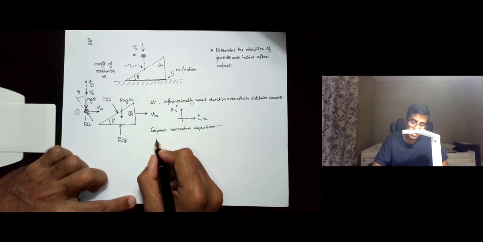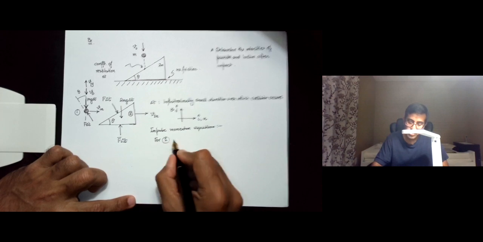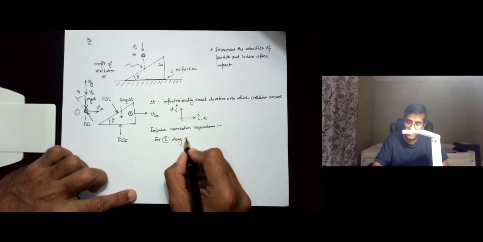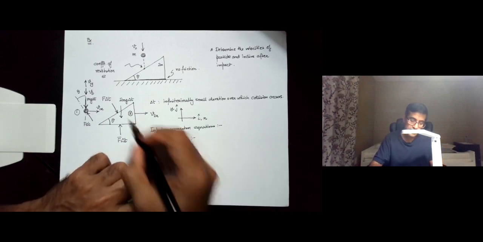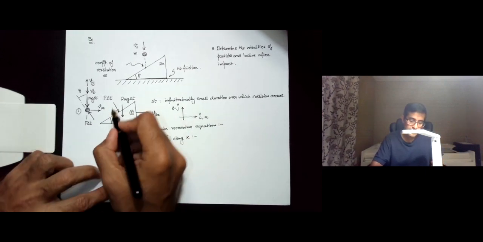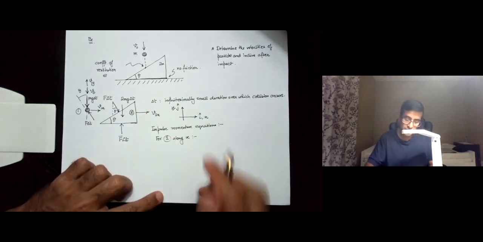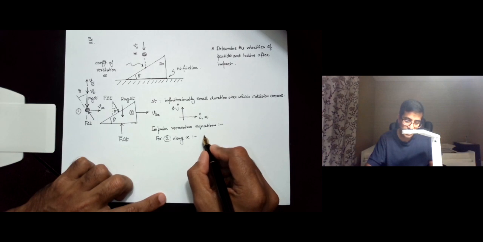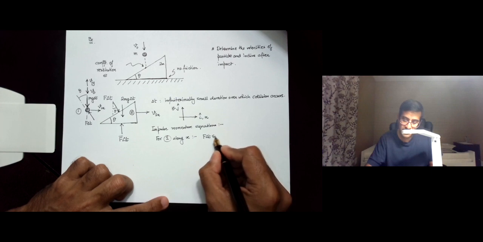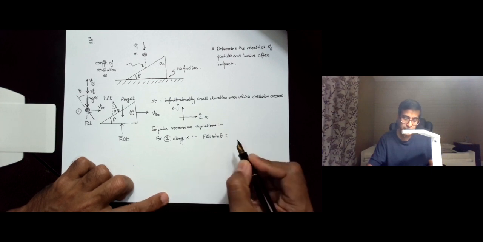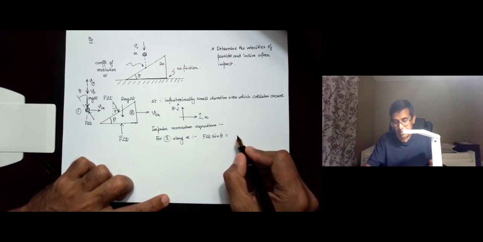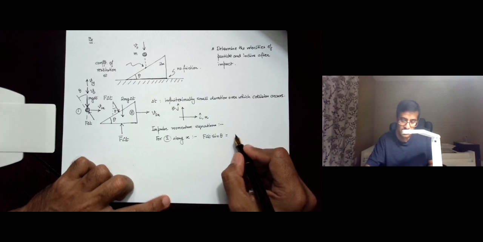So then for the particle 2 along the x-axis, note that f delta t is making an angle theta with the vertical. So we can say that f delta t sine theta is equal to the change in momentum of the incline in the x direction.